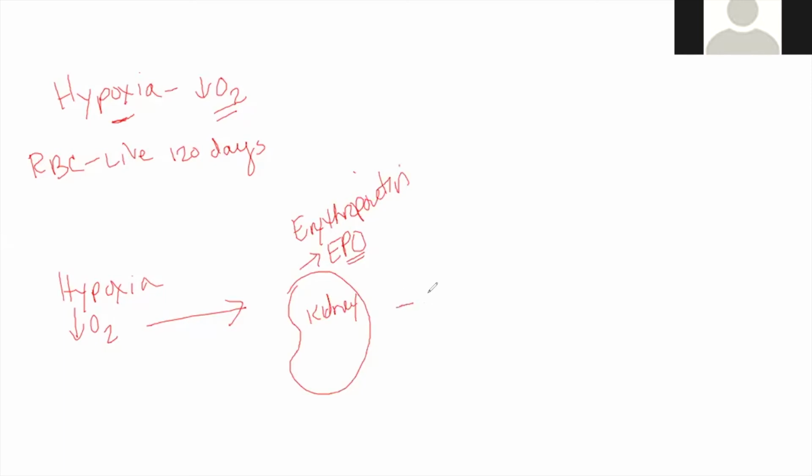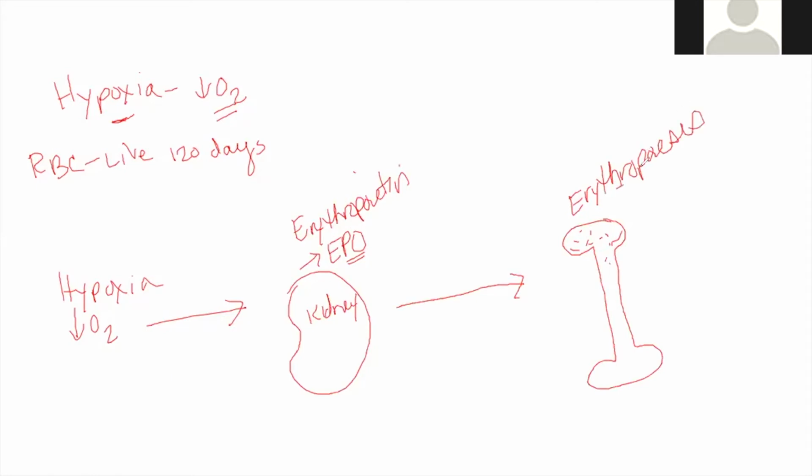So erythropoietin stimulates red marrow, and this is one of the places where we find red marrow, in our long bones. All right, so the process is called erythropoiesis.